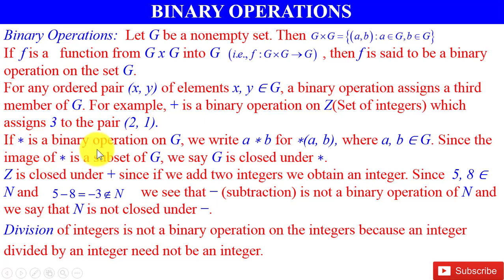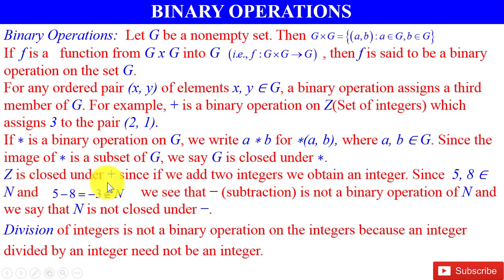If star is a binary operation on G, we write a star b for star(a, b), where a, b are elements of G. Since the image of star is a subset of G, we say that G is closed under star.